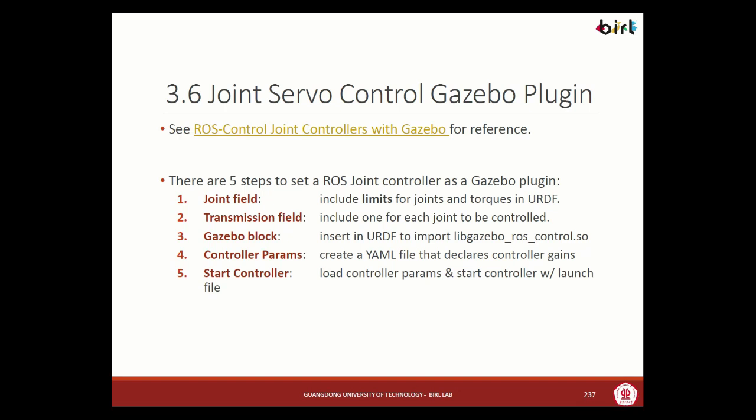Then you need a transmission block for each joint. For example, if you have 6 joints, you'll have 6 transmission blocks, one for each joint. The transmission is something about how motion from the actuator translates into the link.